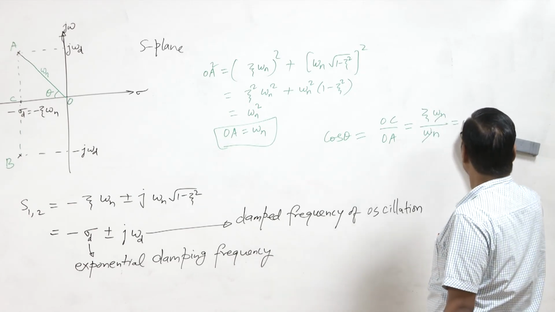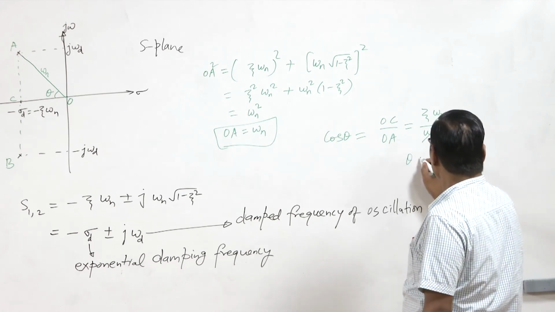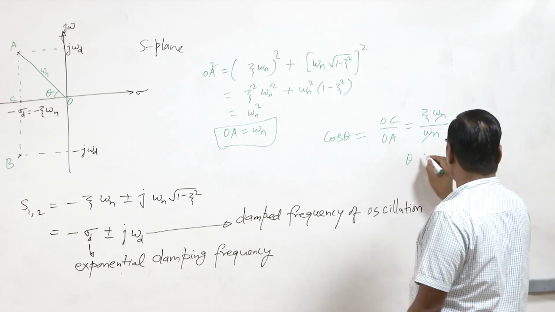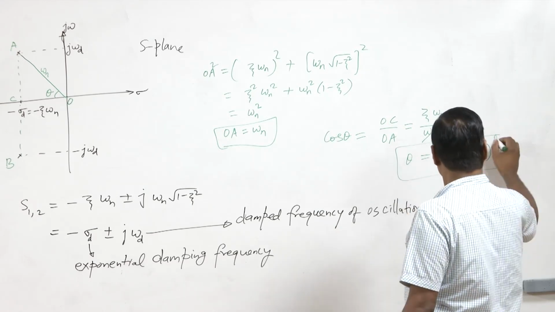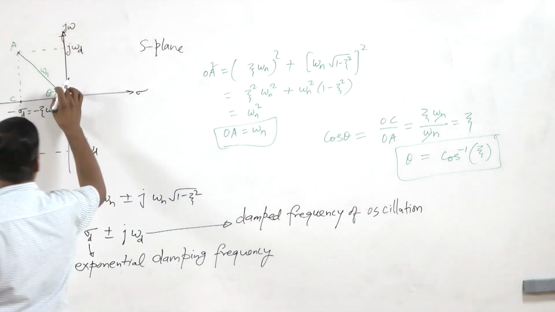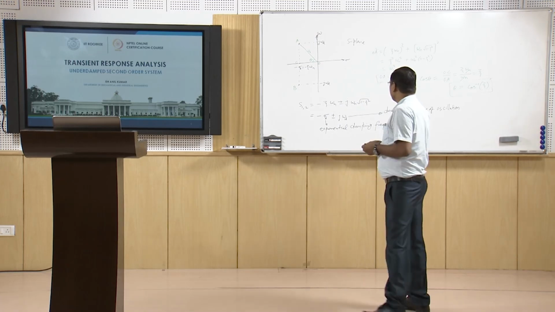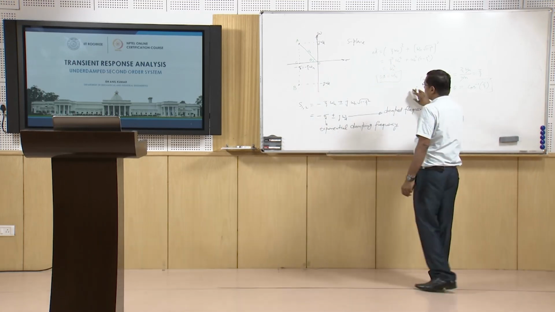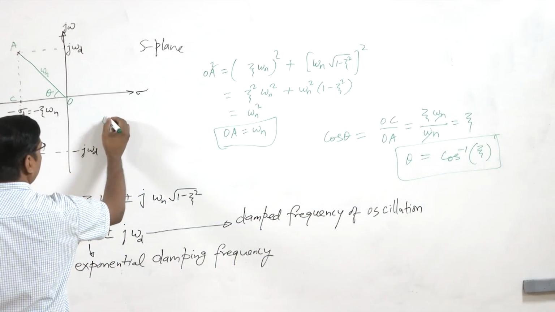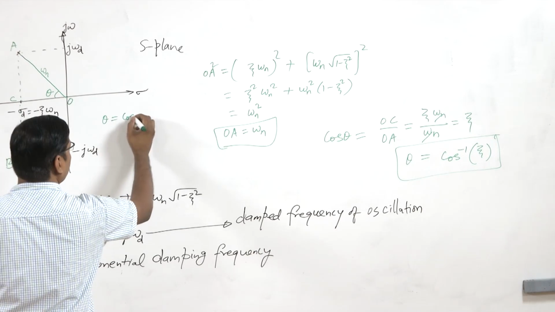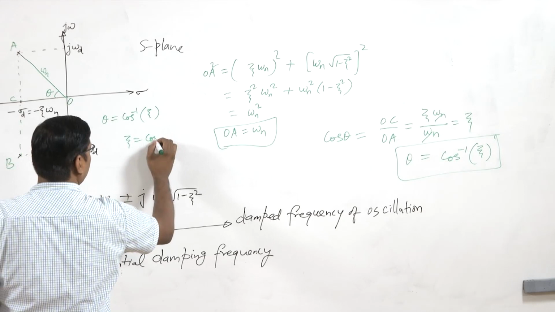So this cancels out, and that is equal to the damping ratio. So here theta equal to cos inverse of the damping ratio. So it means this theta shows the damping of the system. So now these things are clear. Theta equal to cos inverse damping, or damping equal to cos theta.